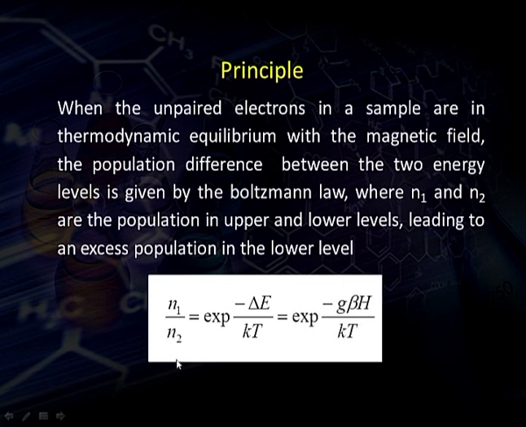So, we have N1 upon N2 is equal to exponent minus delta E upon KT, and delta E we already know is equal to minus g beta H. So, we have N1 upon N2 is equal to exponent minus g beta H upon KT, where K is the Boltzmann constant, T is the temperature in Kelvin, N1 is the population in the upper level and N2 is the population in the lower level. So, from here we can see that the excess population is present in the lower level.